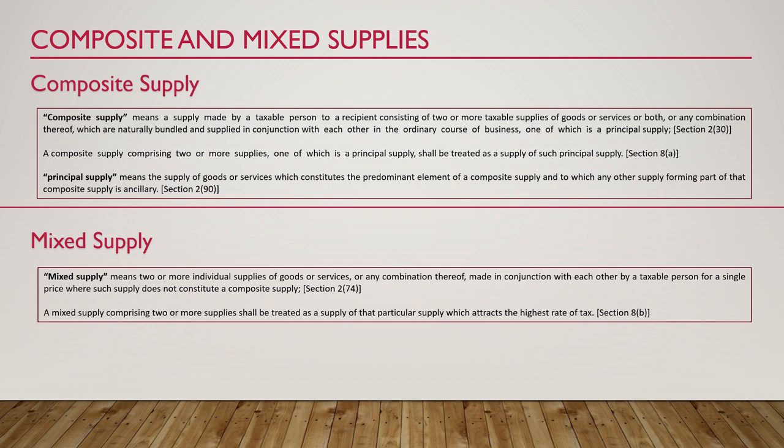So, where for the sake of convenience I am bundling two or more goods or services, or goods and a service, together, and it is not at all naturally bundled in ordinary course of business, but I am doing it just for the sake of my convenience or promotion or whatever advantage I perceive, those supplies are mixed supply when they are supplied for one single price. I have to identify each and every independent supply within them, and whichever one of them attracts the highest rate of tax, that rate of tax I will apply to the total consideration.